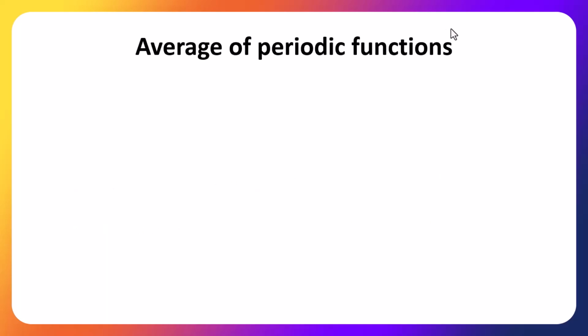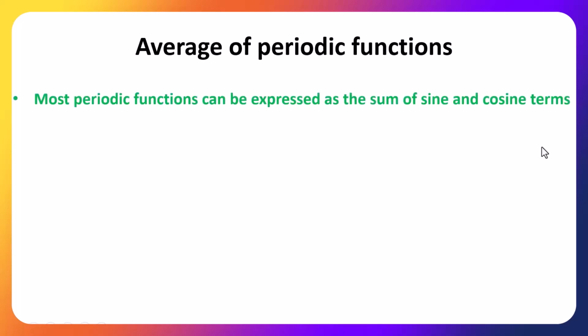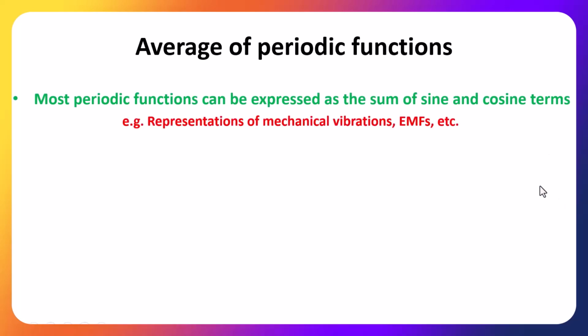Very briefly in this video, I'm going to take us through the rules in finding the average of periodic functions. Most periodic functions can be expressed as the sum of sine and cosine terms, that is, the representations of mechanical vibrations, electric and magnetic fields, and so on.